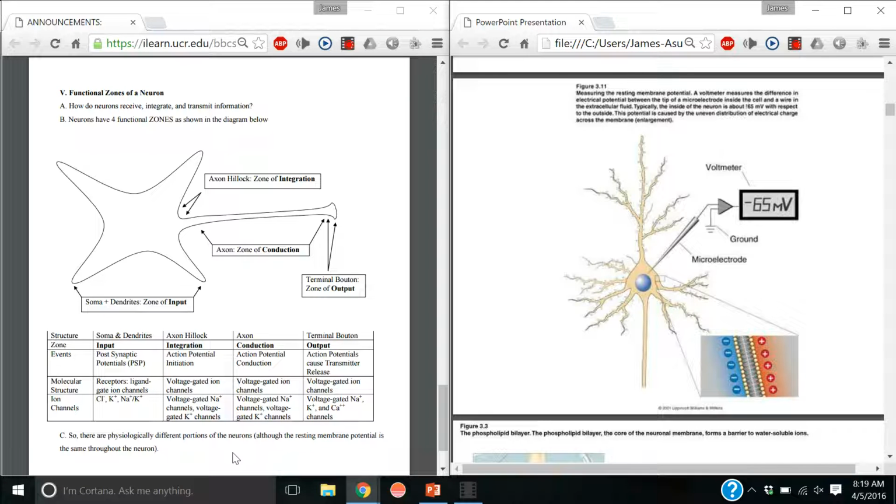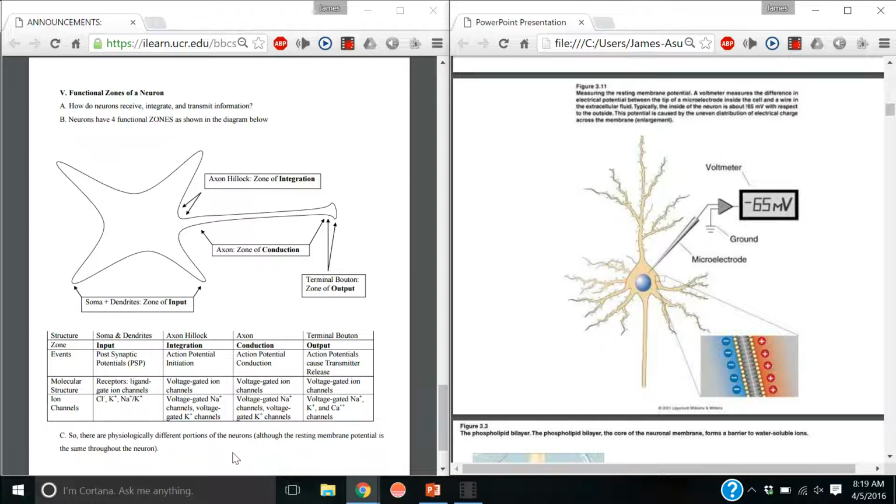Right? So one of the chronic problems students have is distinguishing synaptic potentials from action potentials. Synaptic potentials and action potentials are different. They're the same in the sense that their voltage changes. They're different in terms of their function, and they're different in terms of their underlying mechanisms.